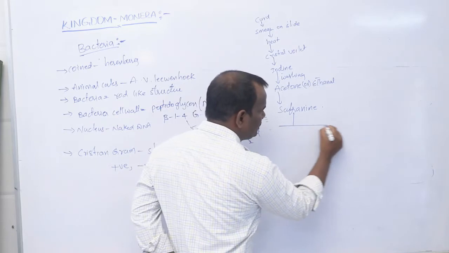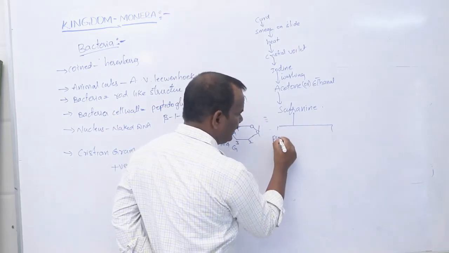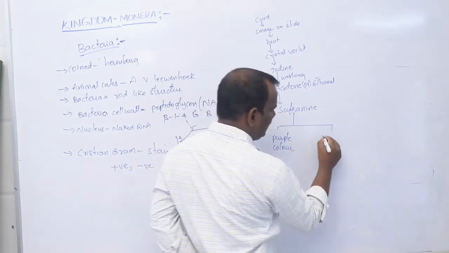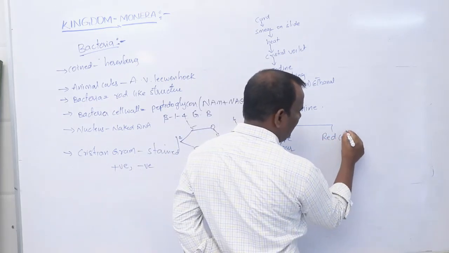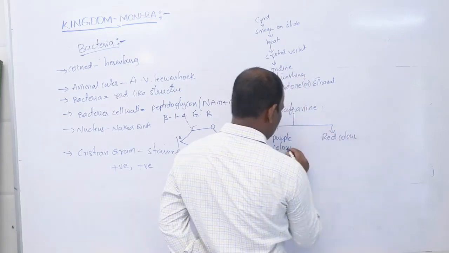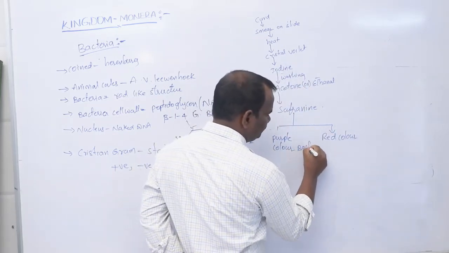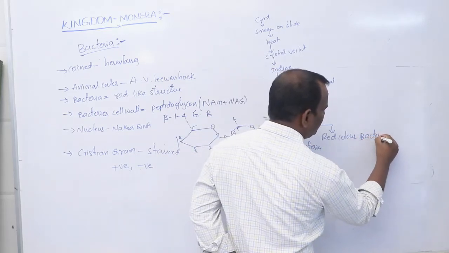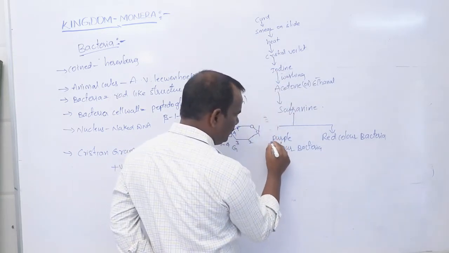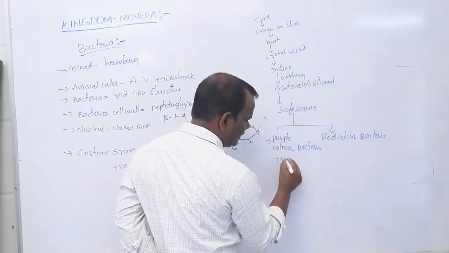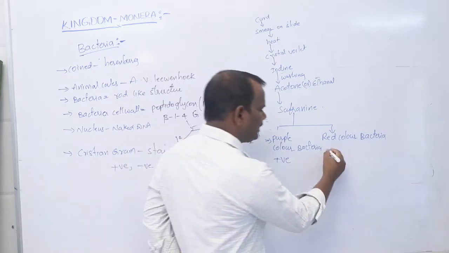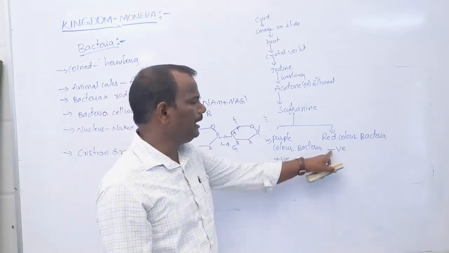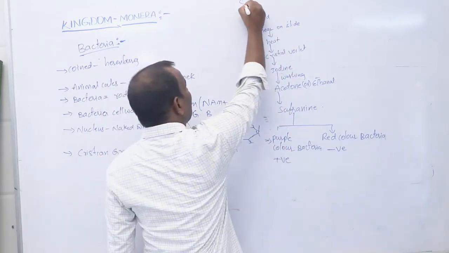This bacteria gives purple color, and another one is the red color bacteria. The purple color bacteria is called gram positive bacteria. The red color bacteria is called gram negative bacteria. So this is the staining.